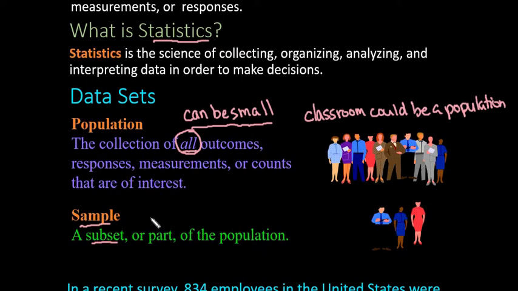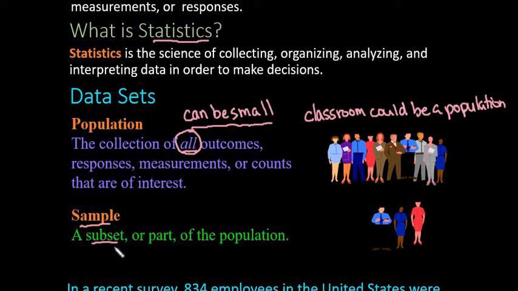A sample is always going to be smaller, and if you are using a sample, you want to make sure that your sample is representative of the entire population. You cannot take a sample, say for example, of community college students, and then apply those findings to all college students in the United States, because the sample isn't representative of all students at both the university and the community college level.